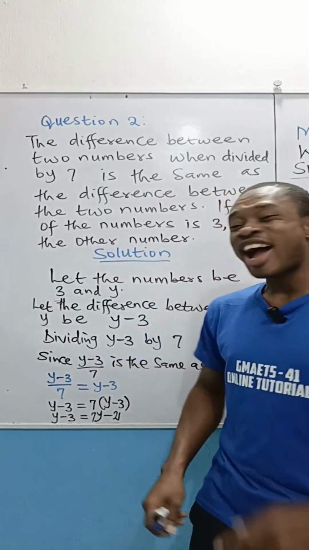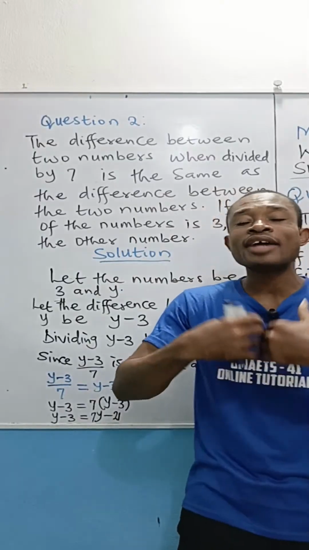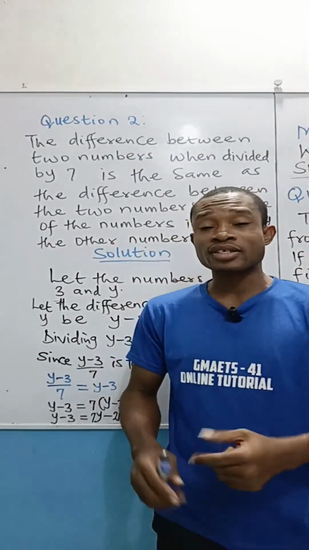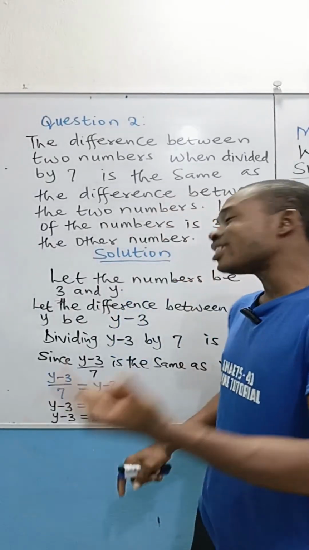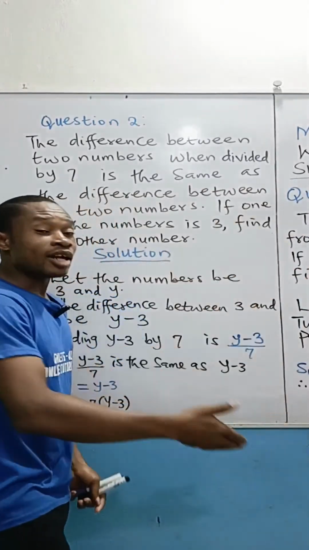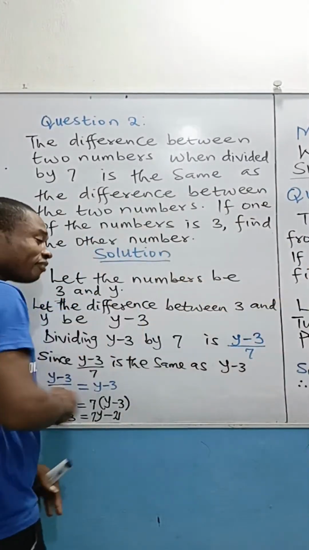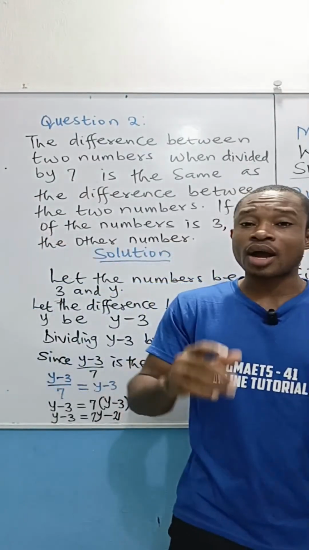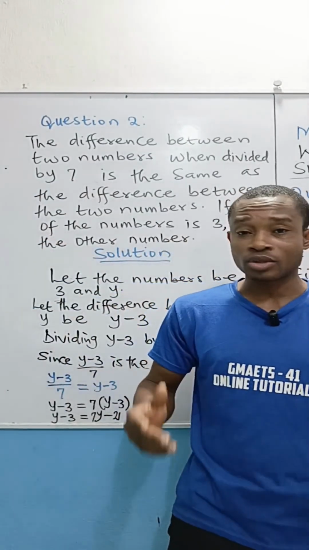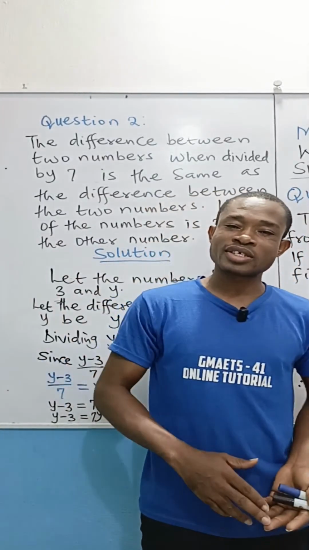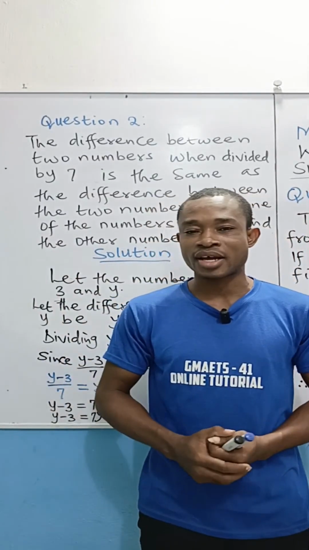So at this point, I will collect like terms. Now, I would like to move all alphabets to the left and all pure numbers to the right. But take note, you can still decide to move all alphabets to the right and all pure numbers to the left, just like I did in question number 1. It does not matter. All we are doing is to collect like terms. Take alphabets to one side and take pure numbers to the other side.